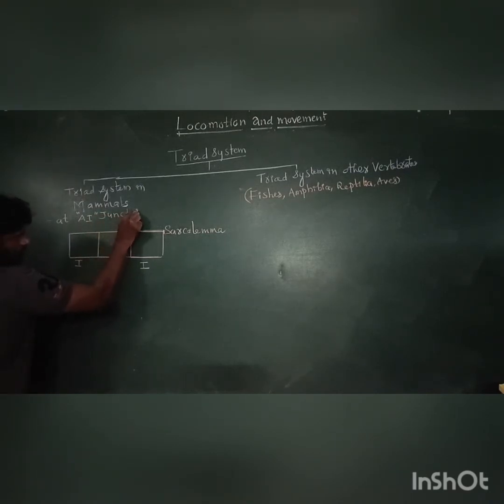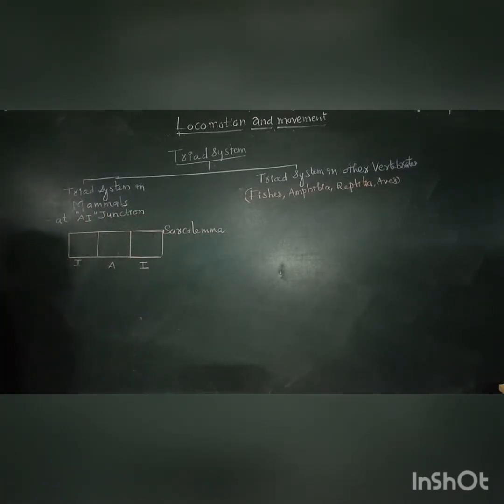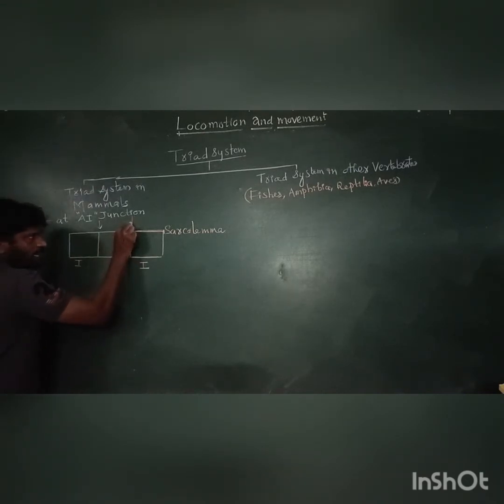The number of T tubules is 2, one T tubule and another T tubule.